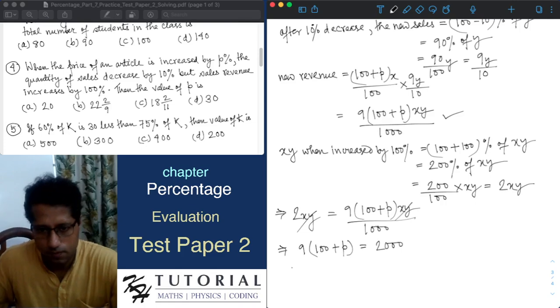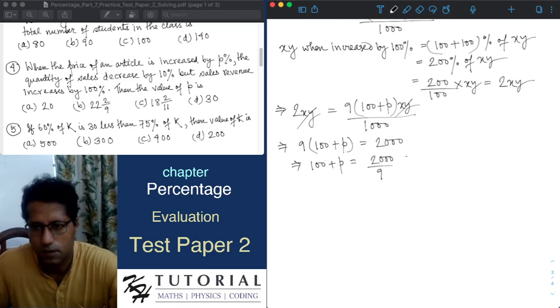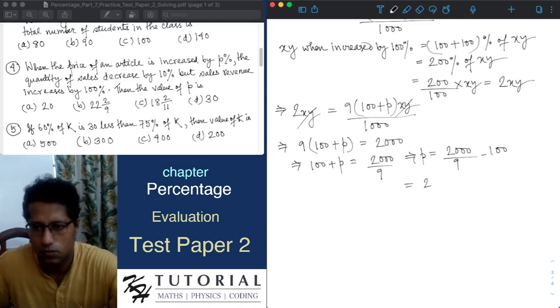So this implies 100 plus p equals 2000 divided by 9. This implies p equals 2000 divided by 9 minus 100. This is equal to 2000 minus 900 divided by 9.